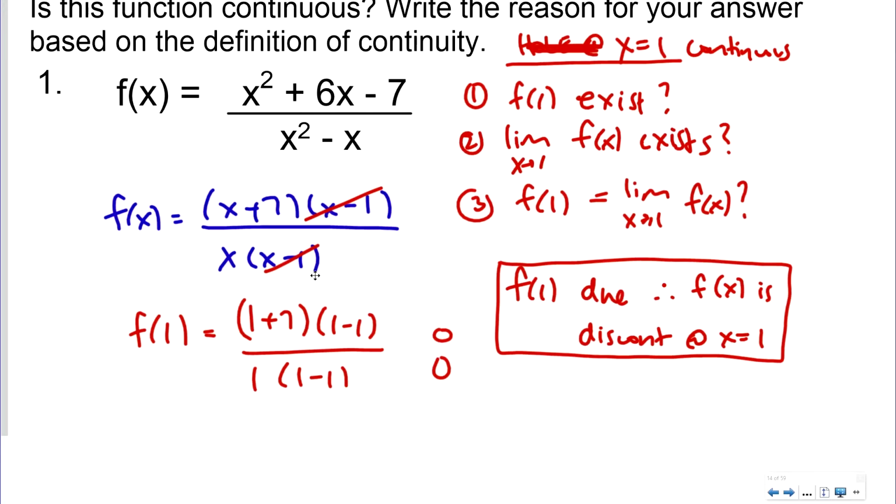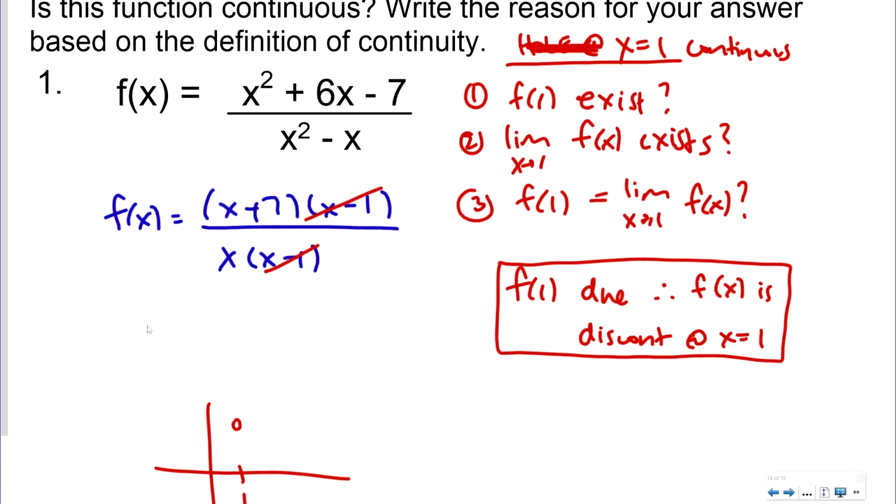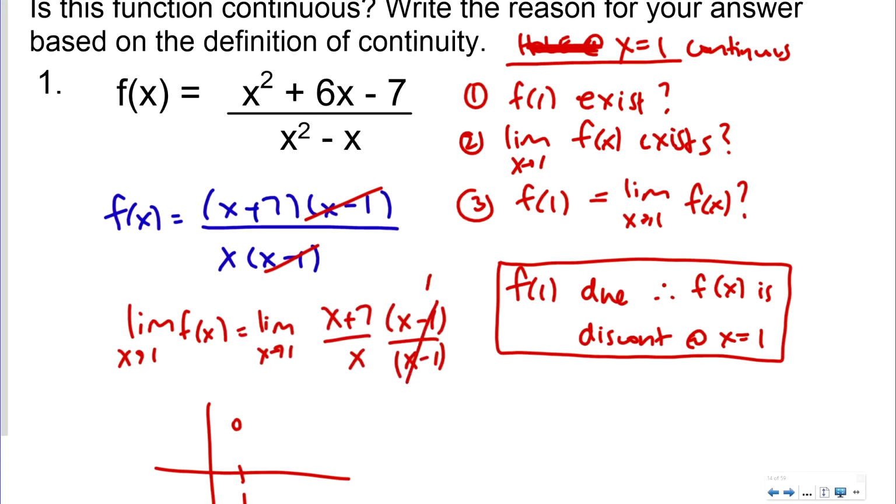If we think about what's happening at 1, remember we said there is a hole. We don't really know where the hole is, but actually we do know, because if we cross this out and take the limit as x goes to 1 of f of x, that is really equal to the limit as x goes to 1 of x plus 7 over x times this, but this factors out to 1.